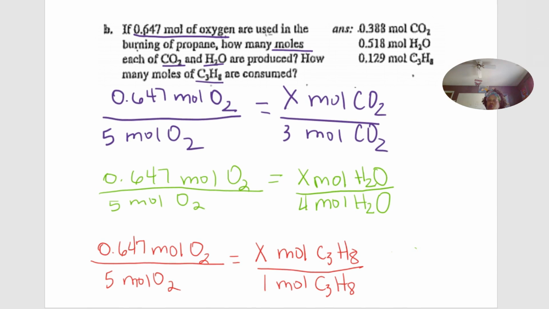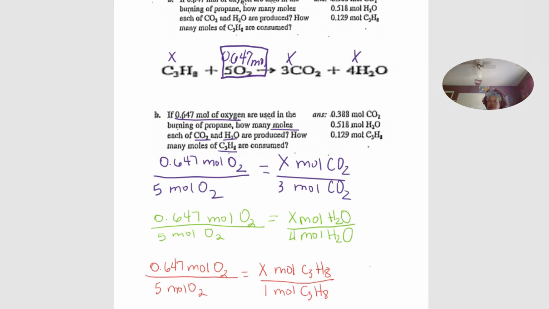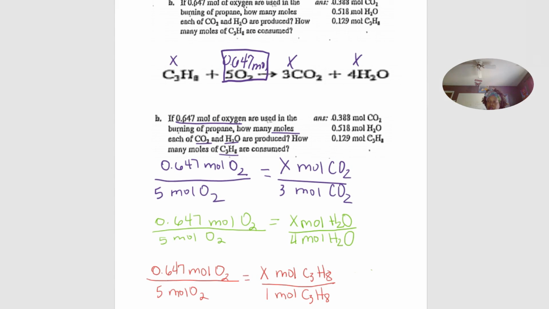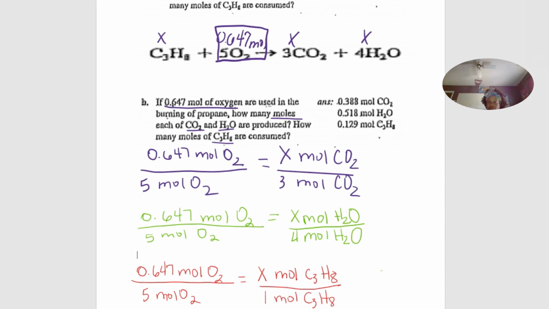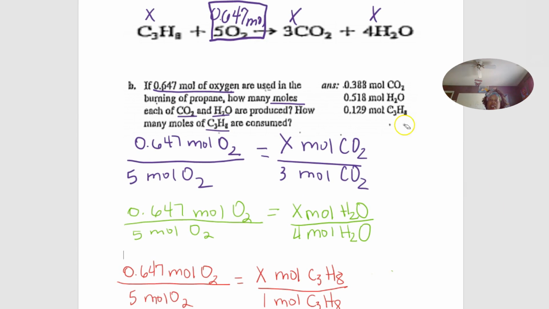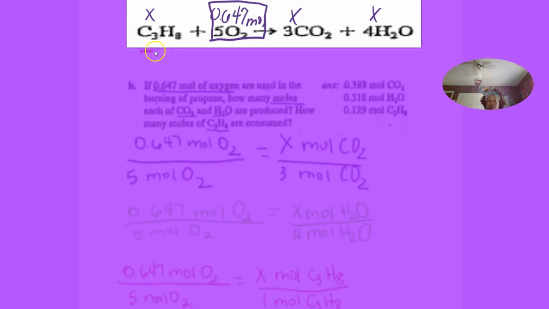I'm going to zoom out so you all can see this particular problem. You can see that what we were doing here is simply based on this equation right here at the very top. This equation is the foundation for these 3 problems down below.